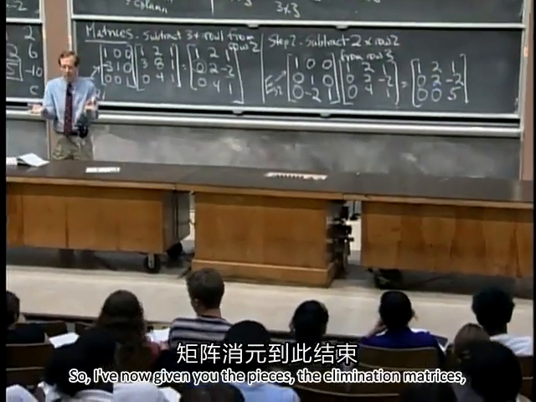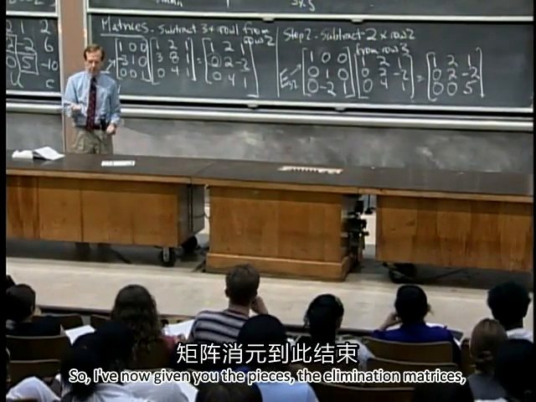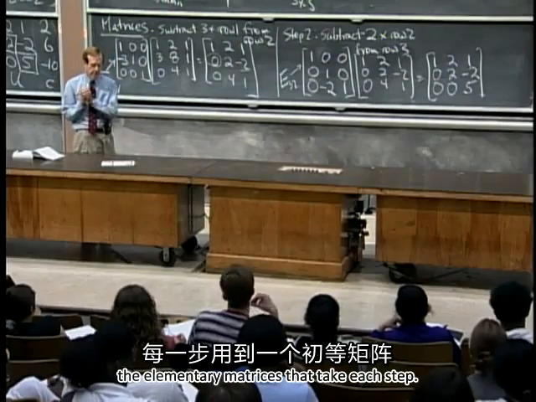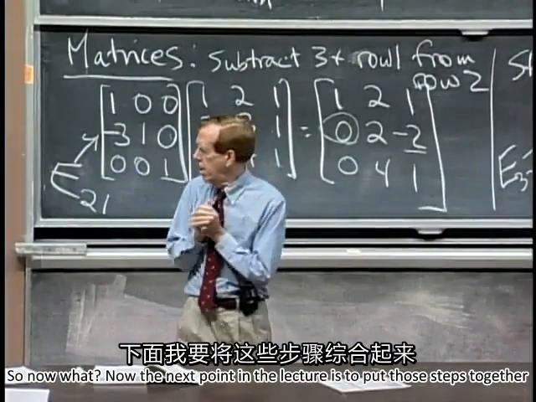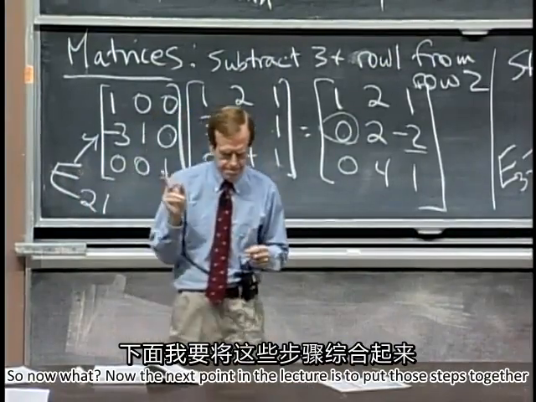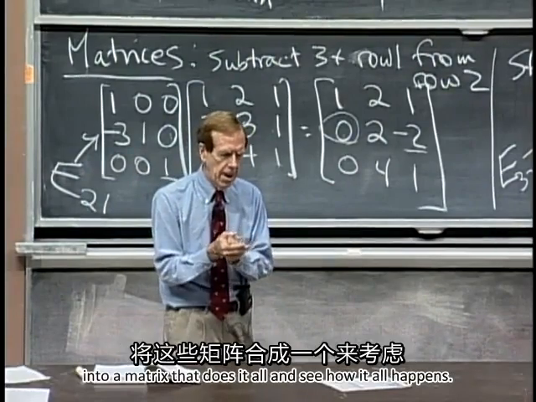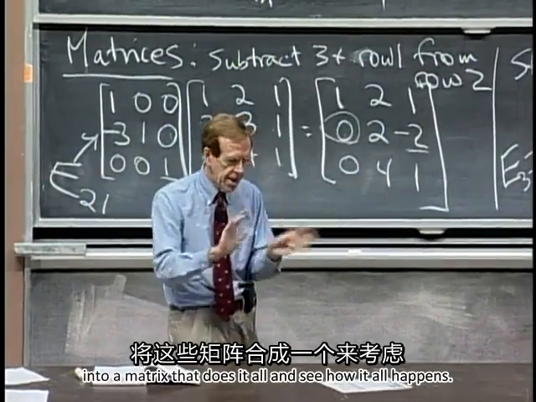So I've now given you the pieces: the elimination matrices, the elementary matrices that take each step. Now the next point in the lecture is to put those steps together into a matrix that does it all and see how it all happens.